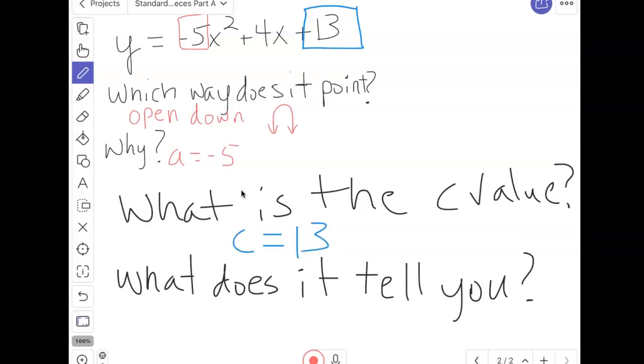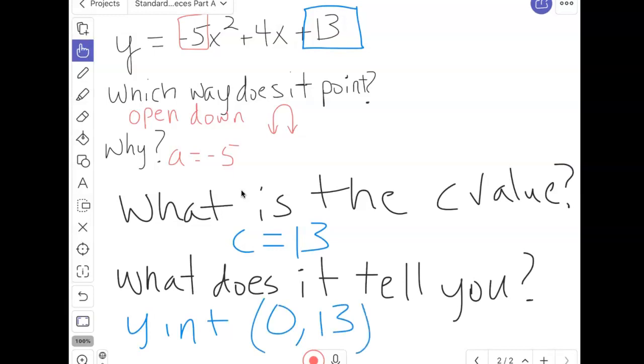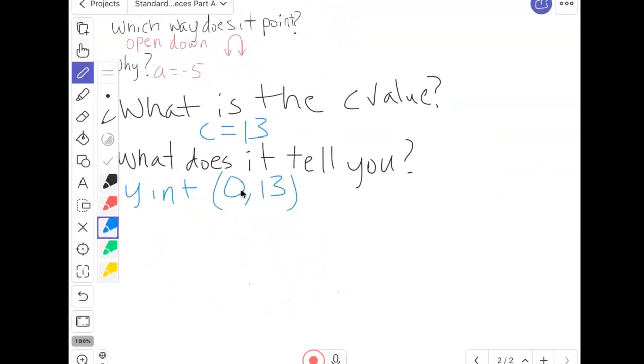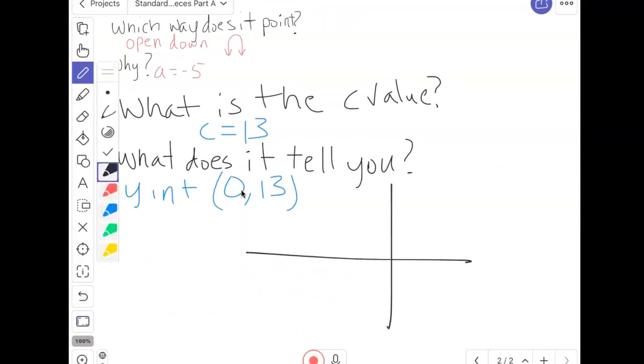What does it tell us? Well, it tells us that the y-intercept is going to be at 0, 13. Or if you're thinking about it as a picture, it's going to open down because of the a value being negative.